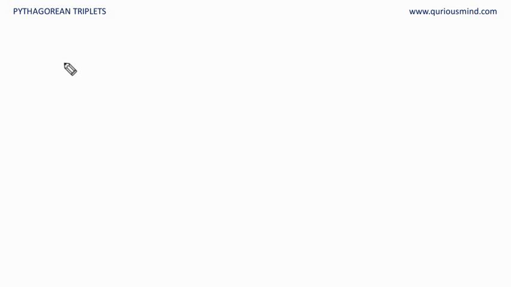Let's recollect what we talked about that pattern. 3 square is 9 and 9 is sum of consecutive numbers 4 and 5. Then we saw 5 square was 25, and 25 was sum of two consecutive numbers 12 and 13, and 7 square is equal to 49, that is sum of 24 and 25.